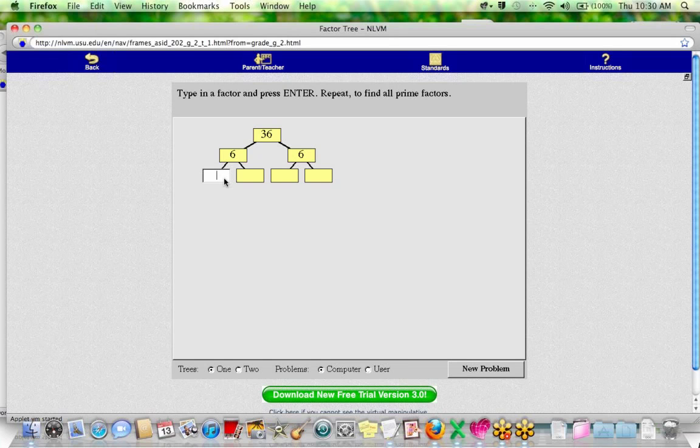Christian. 3. Wait, no. This is as far as your factor tree is going to go. So, what 2 numbers can I multiply by themselves to get 6?